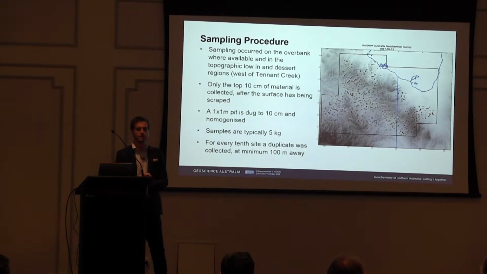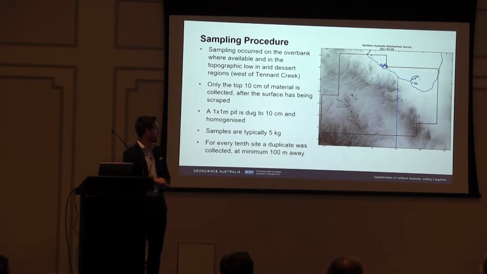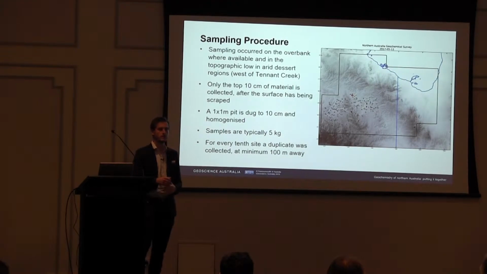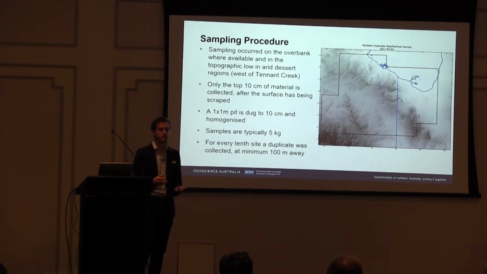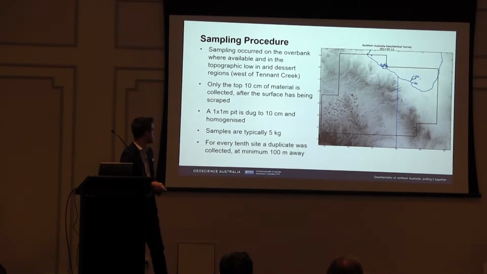So being an overbank sediment survey, we sampled the overbank where available. However, as you get into Tennant Creek and west out into the desert, obviously there's not really an overbank for which you can sample. So in these areas, we sampled the topographic low or the swales of dunes where they were available.